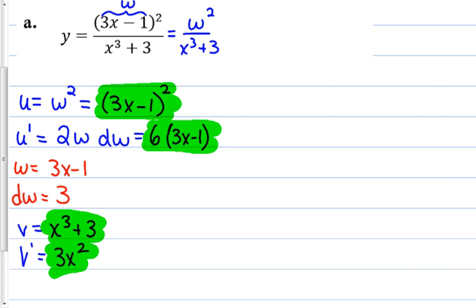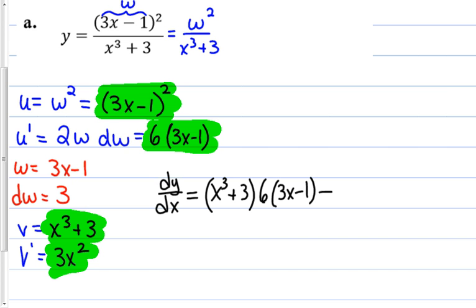So dy dx is equal to v times u prime minus u times v prime.